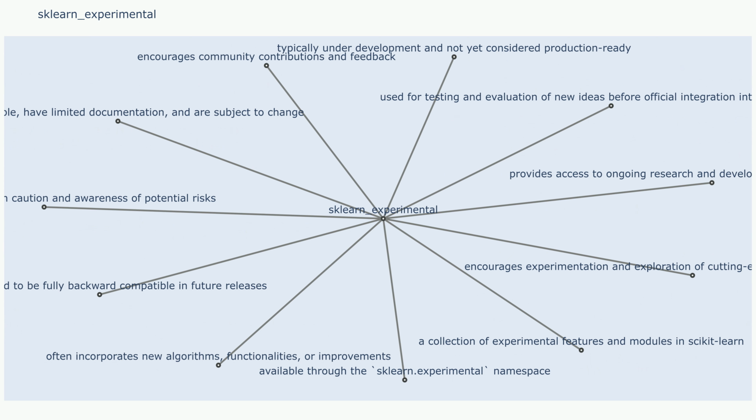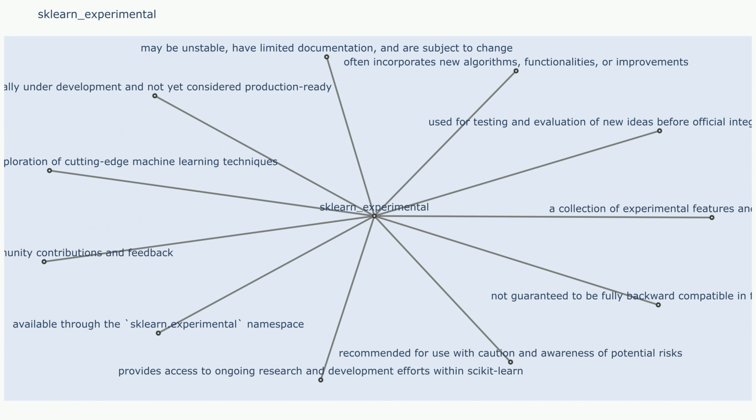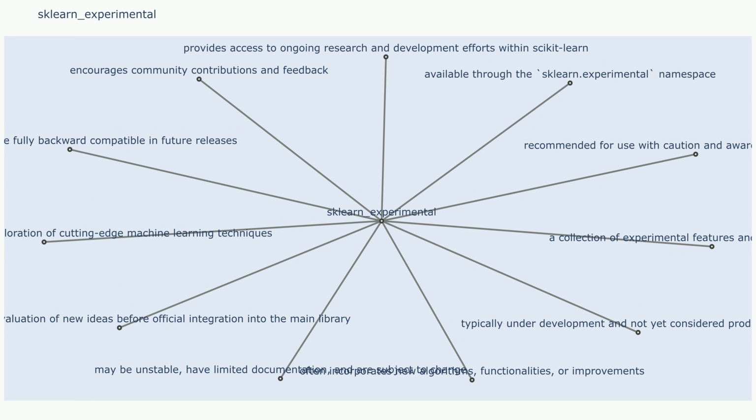4. Clustering. sklearn experimental enable cluster perturbation introduces methods for perturbing clustering results to assess their stability. 5. Ensemble methods. sklearn experimental enable hist gradient boosting enables gradient boosting with a histogram-based algorithm for faster training. 6.